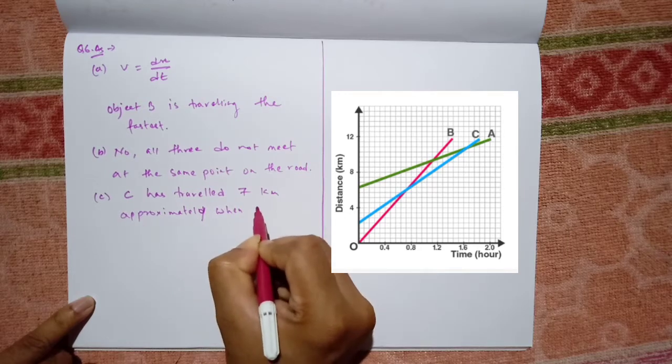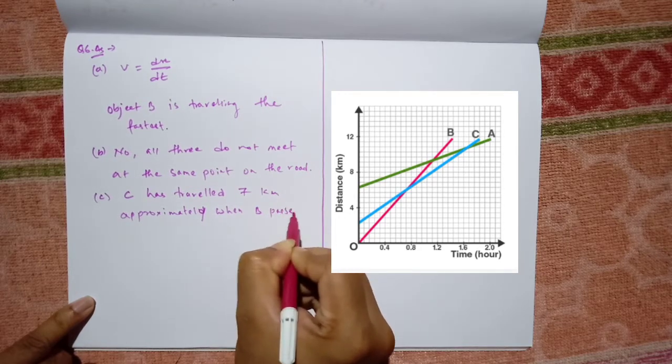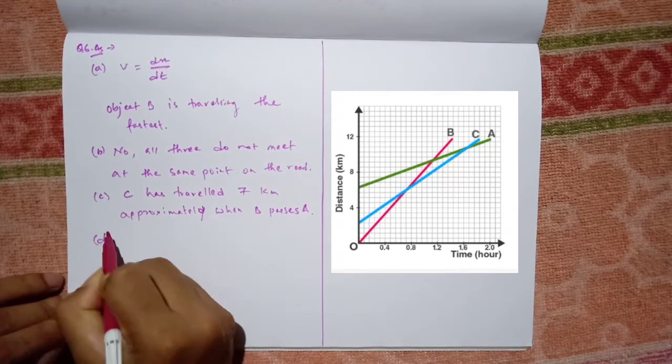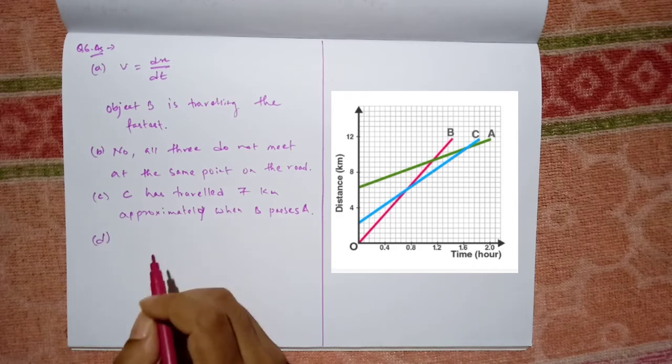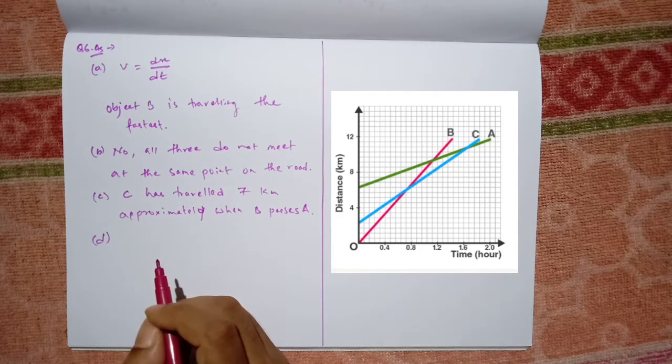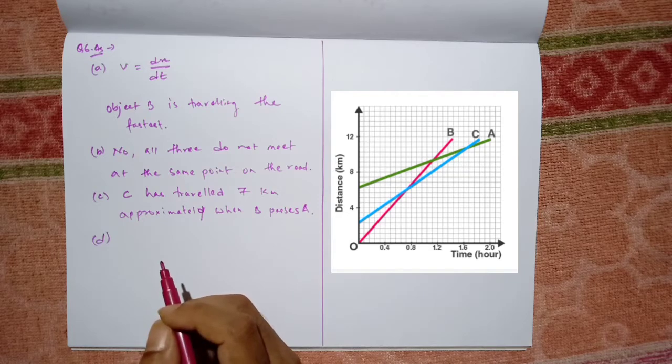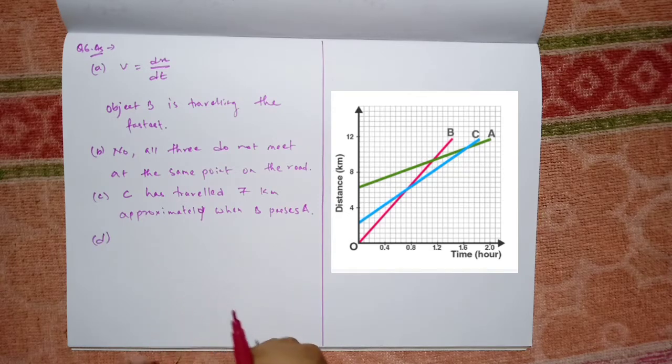when B passes A. The fourth question, it is asked how far has B traveled by the time it passes C. So if you look at the graph, you can see that by the time when the object C passes B, it has traveled approximately 4.25.